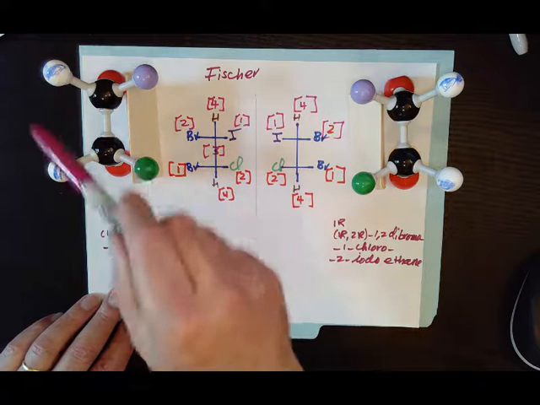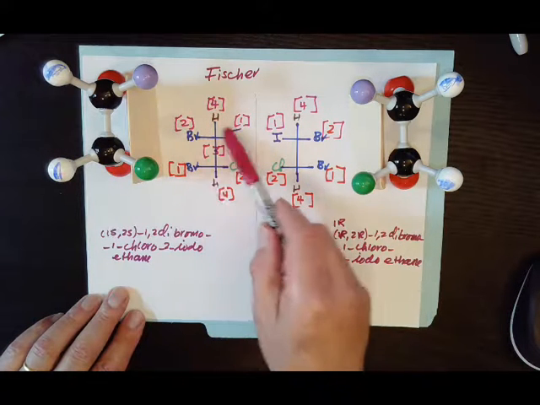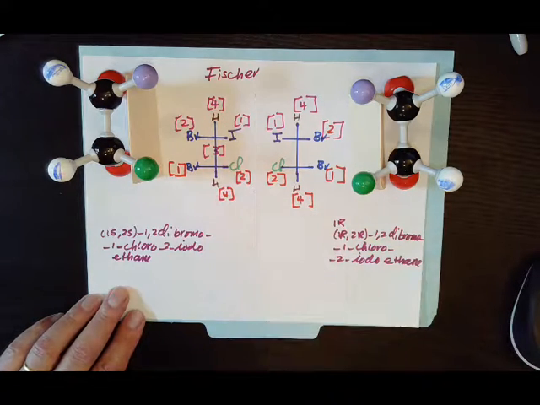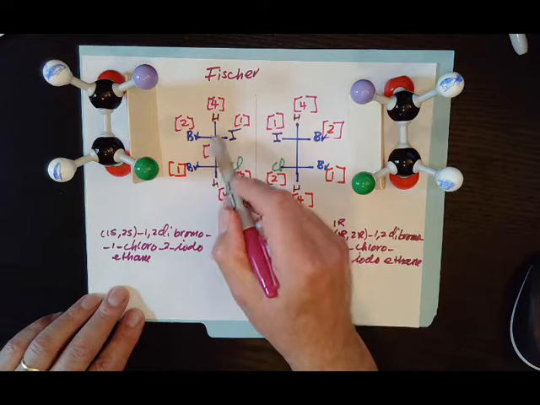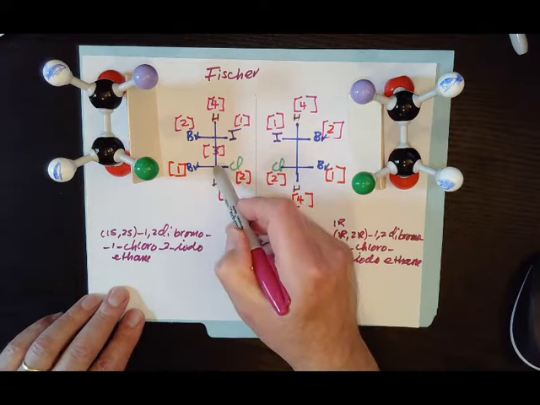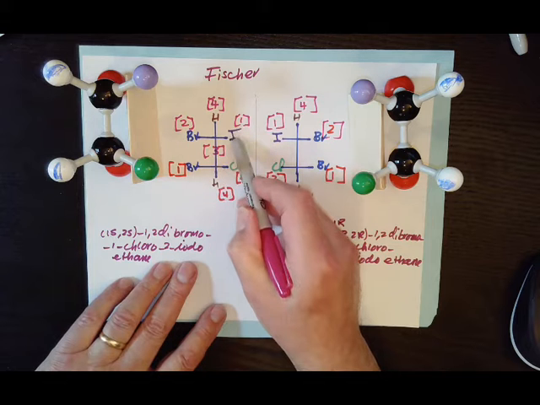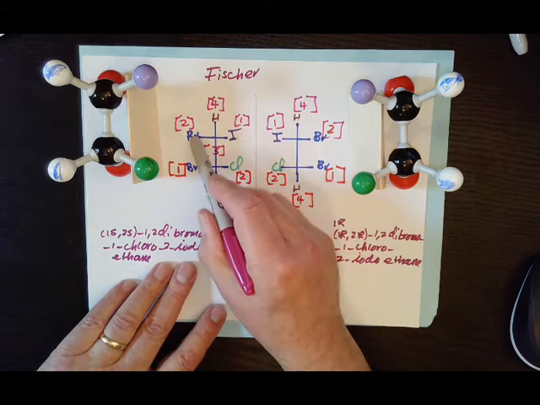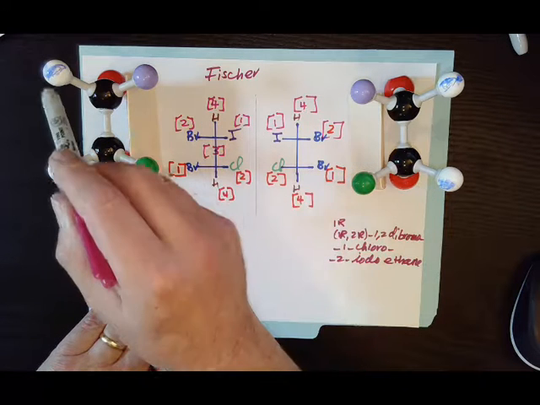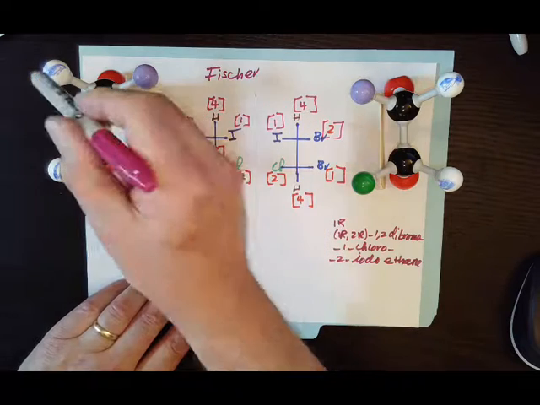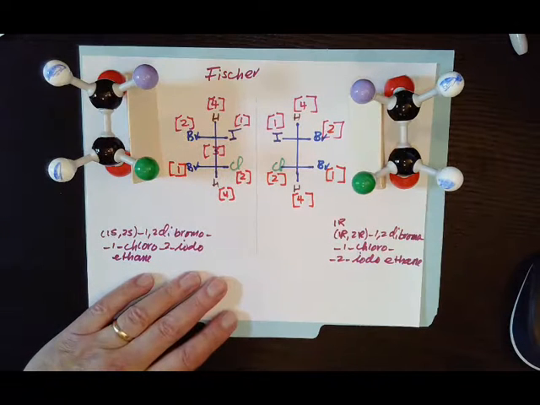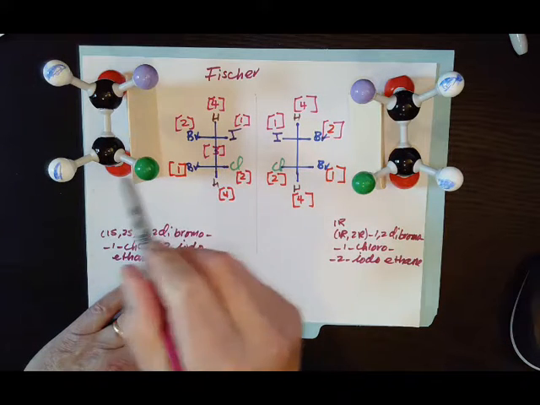These 4 bonds that are shown here and here, remember there's a carbon here and a carbon here, so those 2 carbons are the center. So iodo and bromo, remember we showed the bromo with the little blue thing coming toward us. So these 2 bonds are coming toward us, and these 2 bonds are coming toward us.